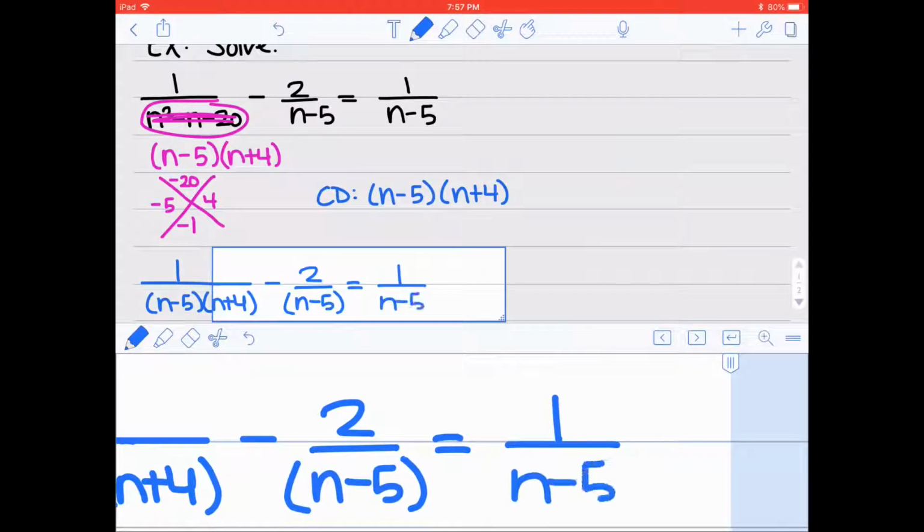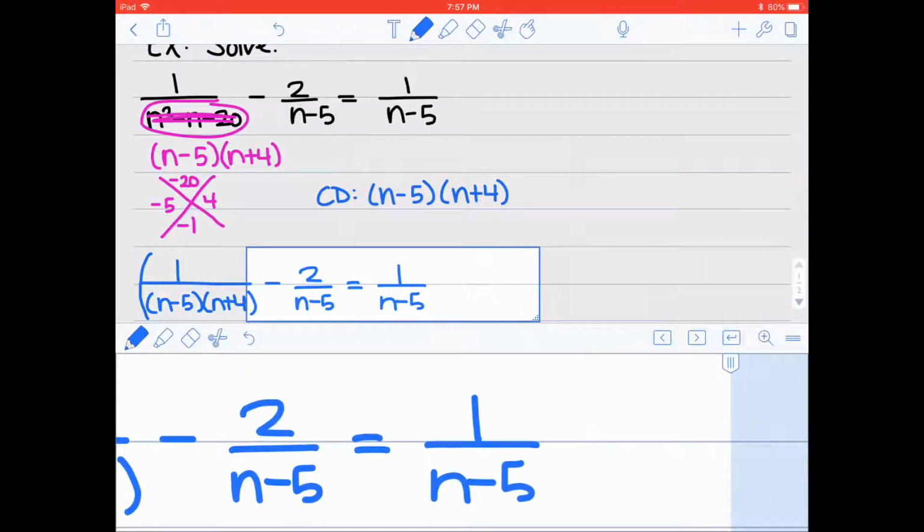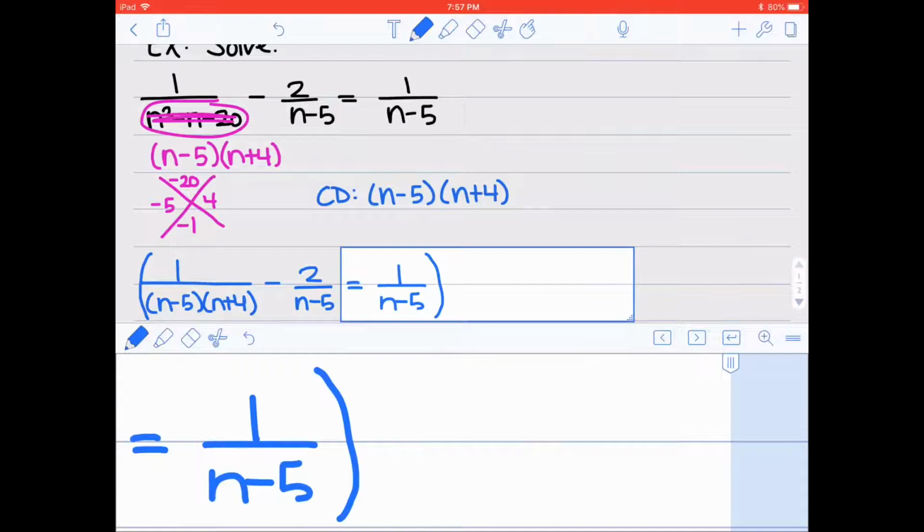And I'm going to put parentheses around this entire equation, because I'm about to multiply something by the whole equation, the left side and the right side. That's how I can get away with doing it: I'm doing it to both sides of the equation. So I'm going to take my common denominator and multiply it by everything in the equation.